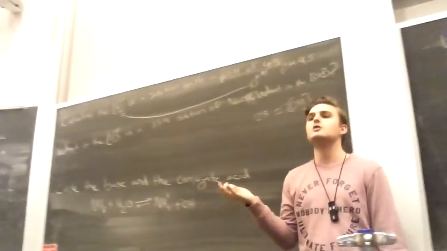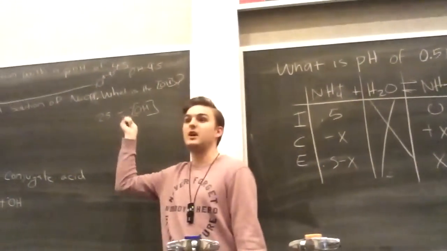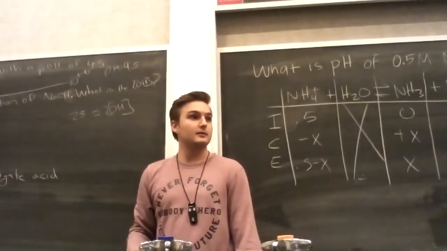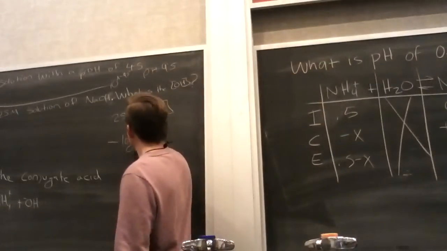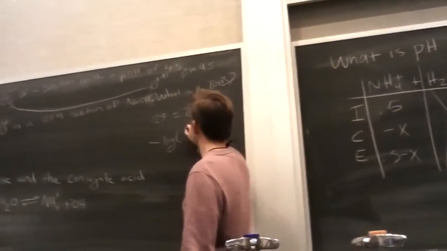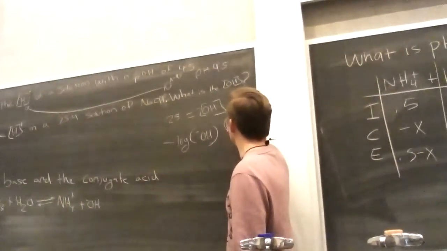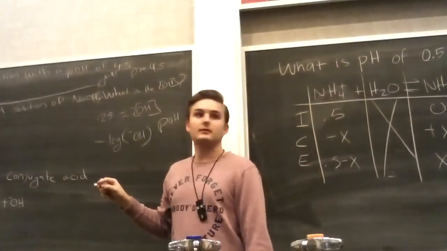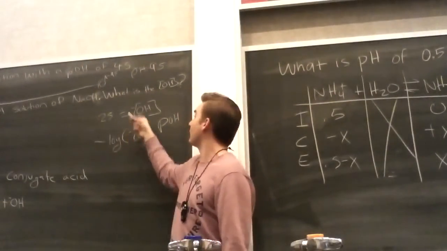Now there are several things I can do. If I know my OH minus concentration, what can I do? I can get my pOH. How do I do that? Using the negative log. If I go the negative log of the OH minus concentration, that tells me my pOH. And then what do I do? If I go 10 to the negative this, I'm going right back to this.